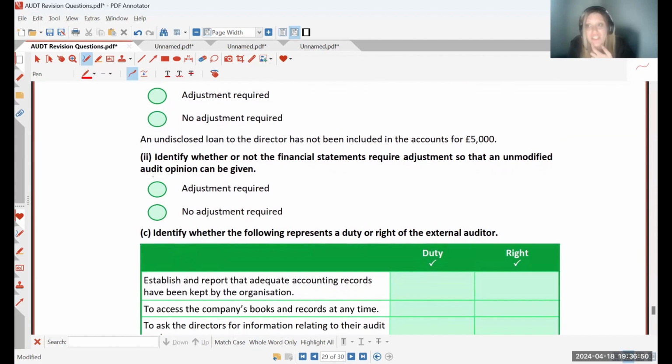This time, the adjustment is required. This is because this is a transaction with a director. Okay? So this isn't about the amount, this is about the qualitative factor here. If the client is loaning directors money, it doesn't matter how much it is, it's material.